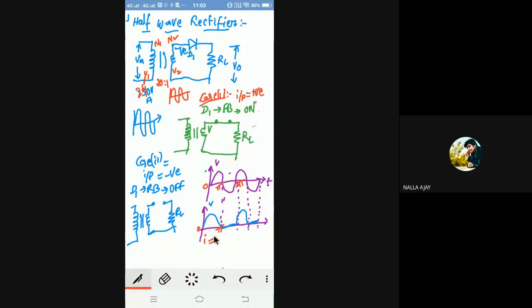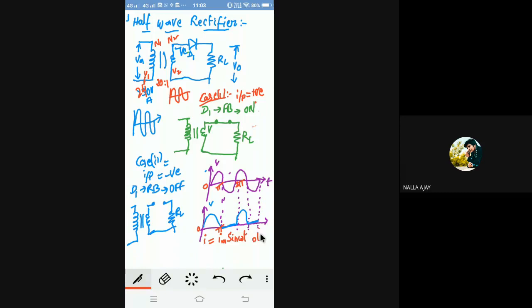From 0 to pi, it is similar to the input waveform, so it has the formula I equals Im sine omega t from 0 to pi.